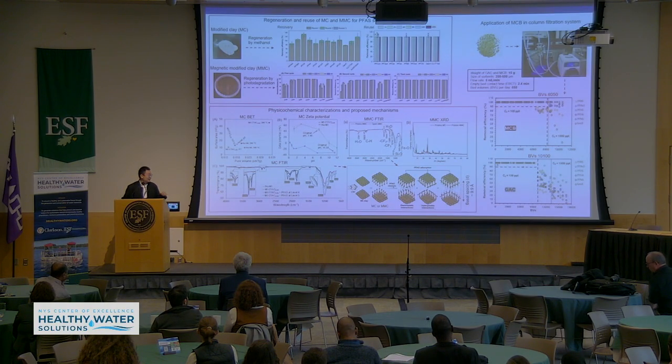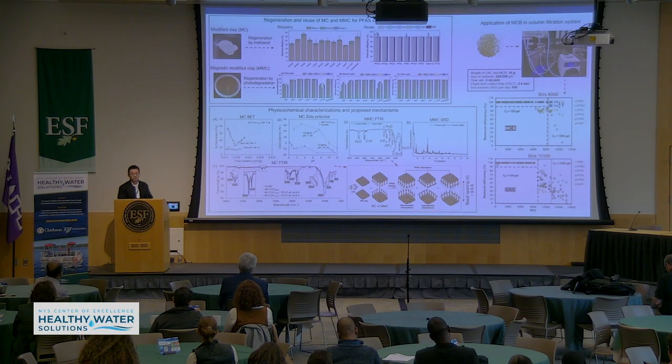It reflects the higher sorption capacity of MCB. Another advantage of MCB is its higher cost effectiveness, in terms of lower raw material costs as well as less energy for production. So it indicates the potential for practical application in continuous flow-through systems. That's all. Thank you.